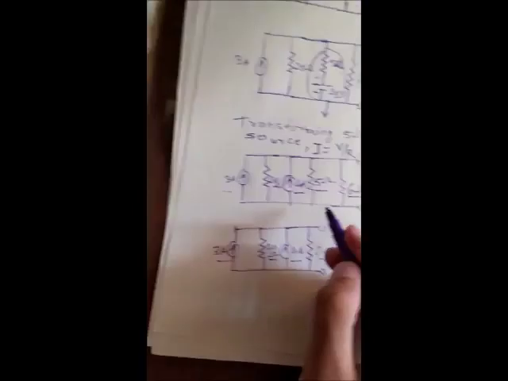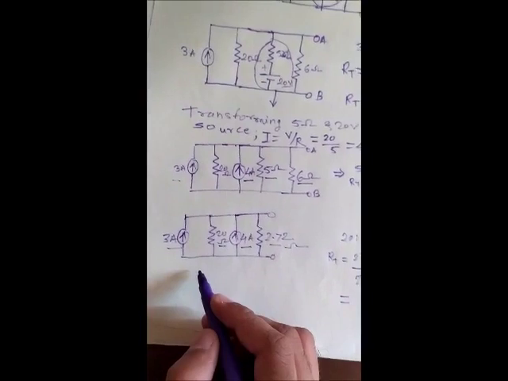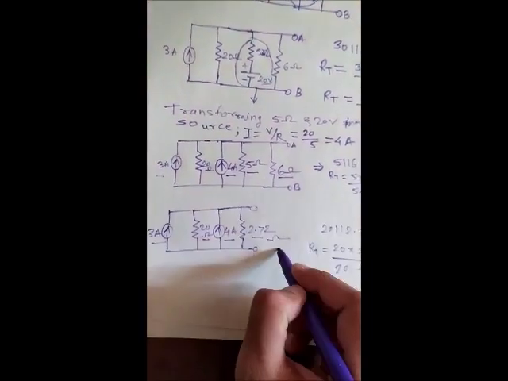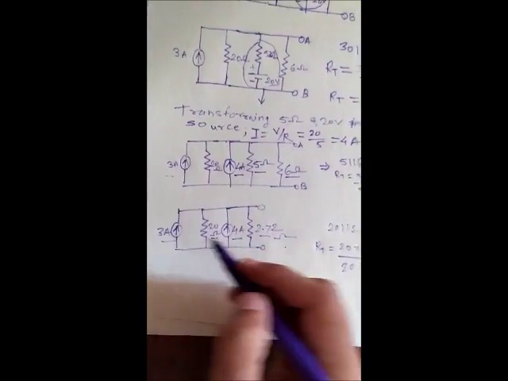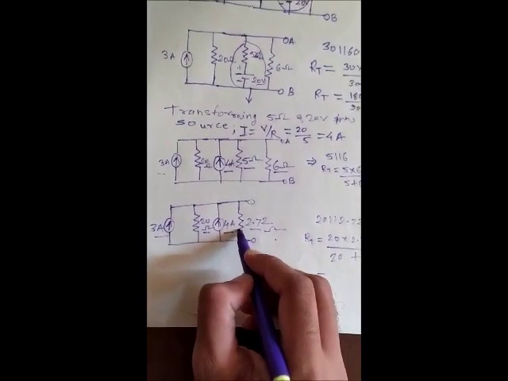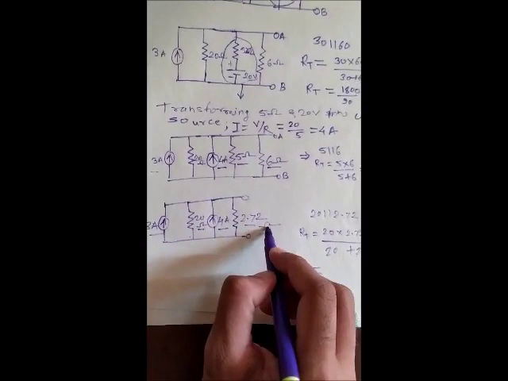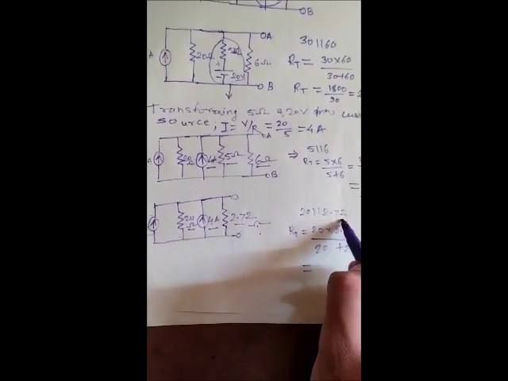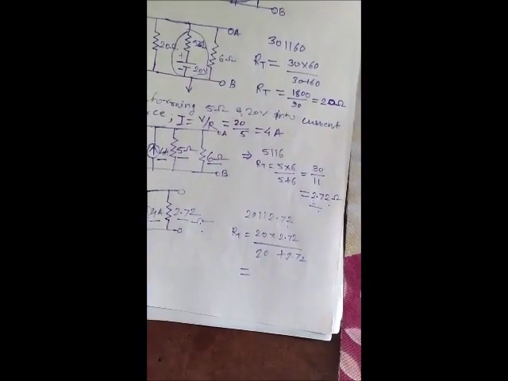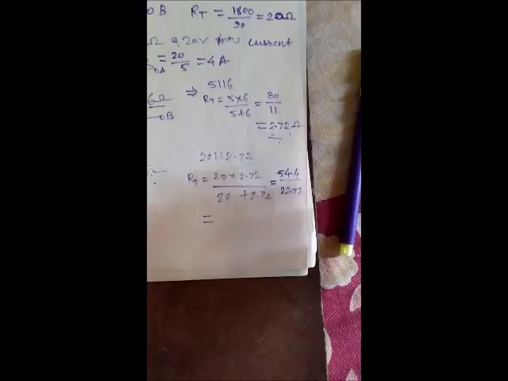Now the above circuit is rearranged in this format: 3 ampere, 20 ohm, 4 ampere, and the parallel combination of this 5 and 6 is 2.72. Then I have to add these two current sources, 3 ampere and 4 ampere, and solve the parallel combination of these two resistors. So 20 parallel 2.72 we are solving here: 20 into 2.72 divided by 20 plus 2.72.